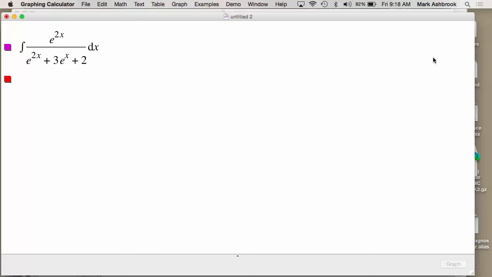Yeah, so doesn't it kind of look like something squared over something squared plus 3 something plus 2? So you can see it looks like a rational function, but we've got e's in there. It would be really nice if instead we just had a rational function, say u squared over u squared plus 3u plus 2.